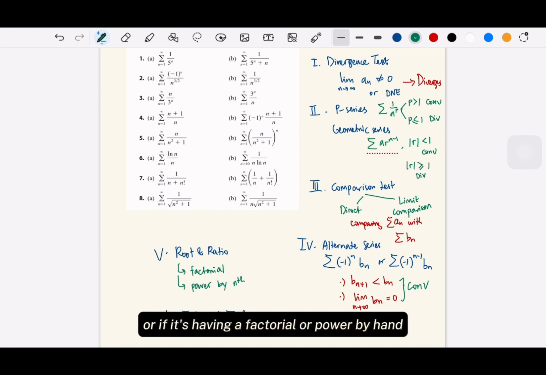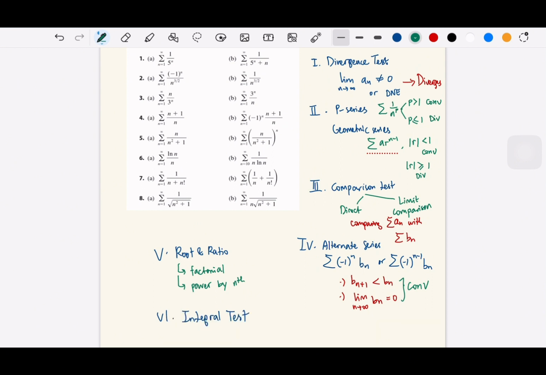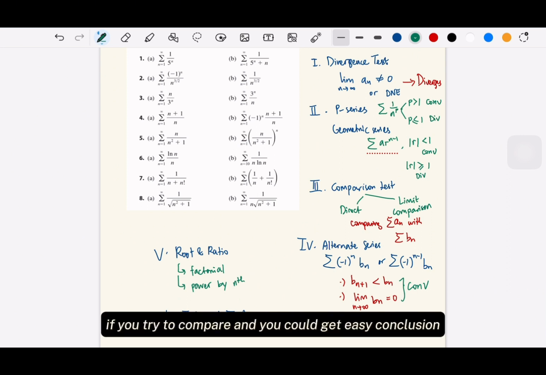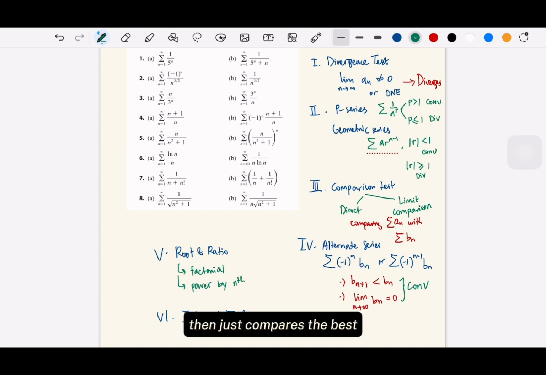Or if it has a factorial or power of n, you could try the ratio or root test. And if the series is a little bit complicated, you could try to compare with others. If you compare and get an easy conclusion, then just use the comparison test.